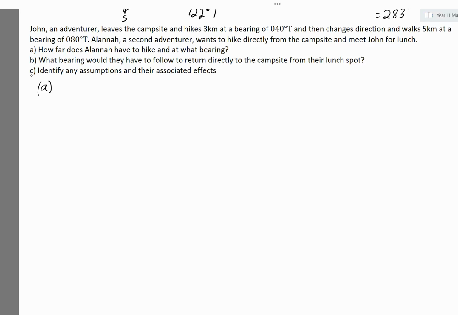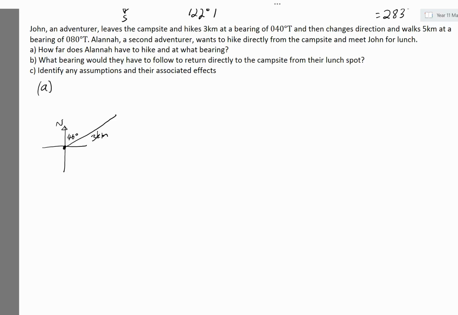Have a read through the problem, press pause if you want. Part A, how far does Alana have to hike and at what bearing? So Alana's still at the campsite, John's gone for a walk, Alana wants to just walk directly to where John is. So we'll start at this point. Always draw a compass rose at each point. He leaves the campsite and hikes 3 kilometers at 40 degrees from north.